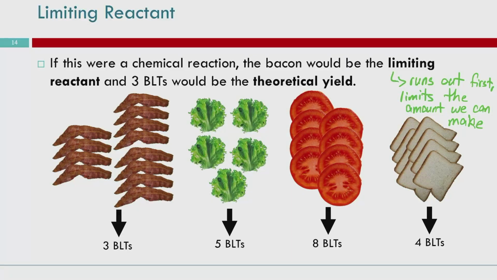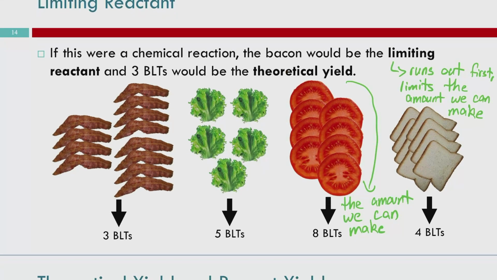And then 3 BLTs would be what we call our theoretical yield. The theoretical yield is the amount we can make if everything goes perfectly.